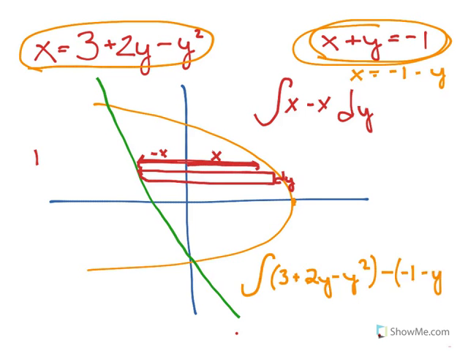Negative 1 minus y, close it, dy. Now my equation is totally in terms of y's and dy's, and I could find the starting point, which is here, and the ending point, which is here, and I could integrate the problem just like that.